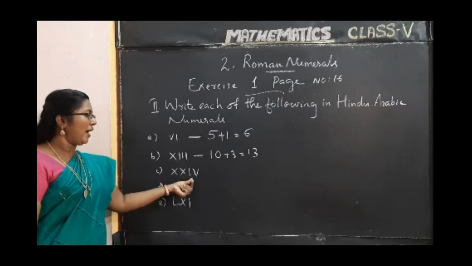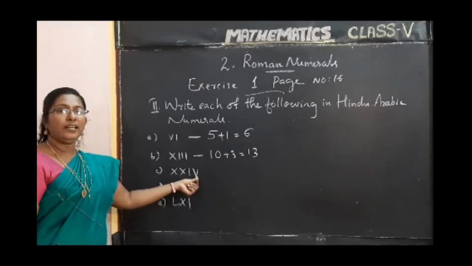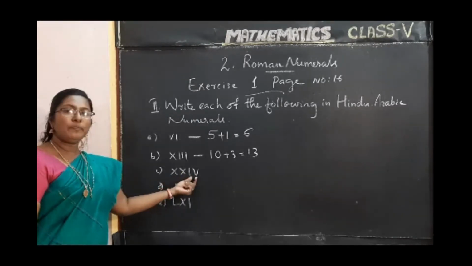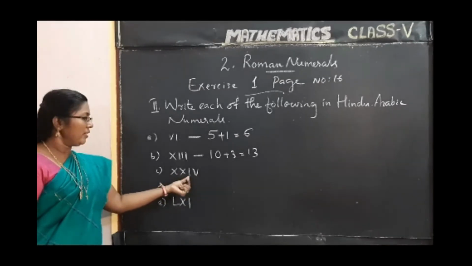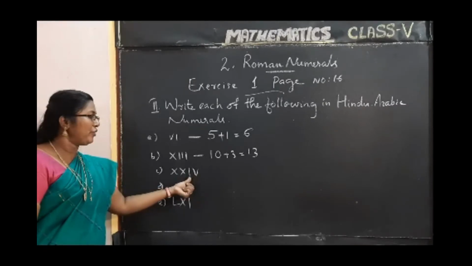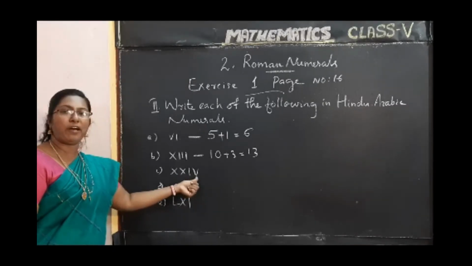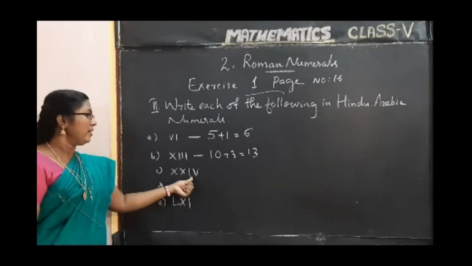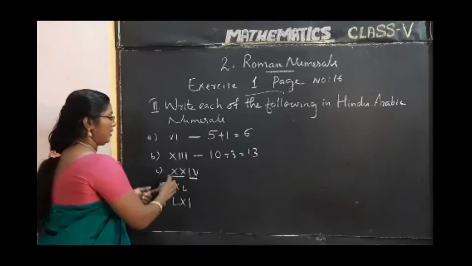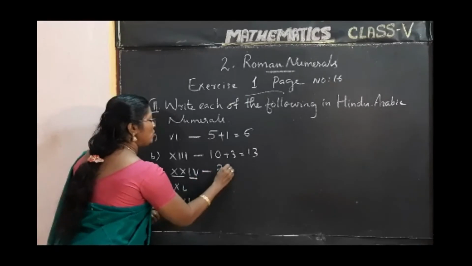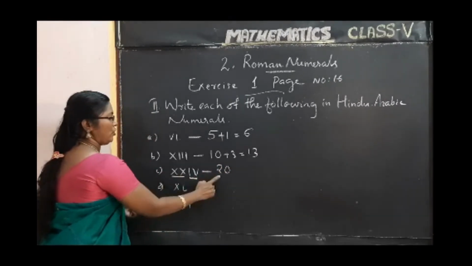XXIV. Here, more symbols. 2X makes 20. Then the smaller is left of the greater. Here I is smaller, 5 is greater than 1. So, separate this and this. Here 2X makes 20, X plus X, 10 plus 10, 20.